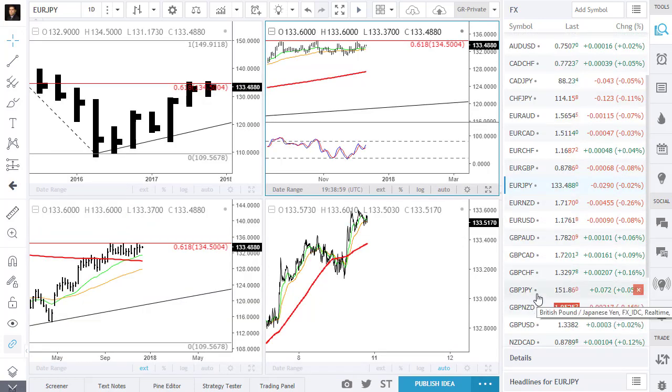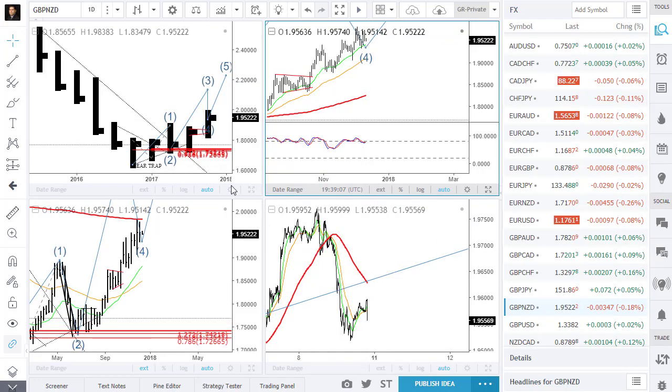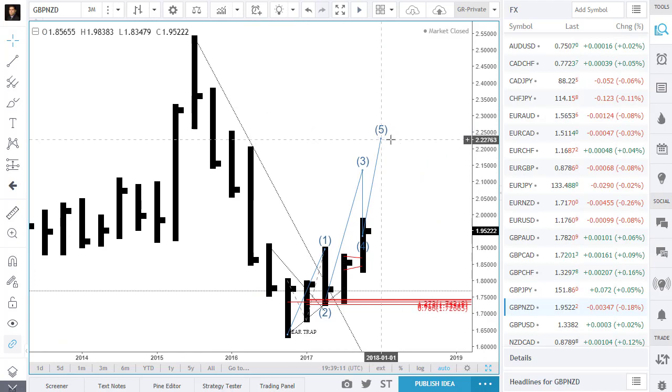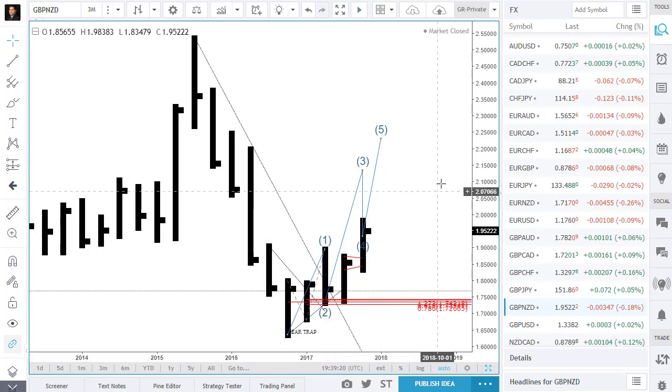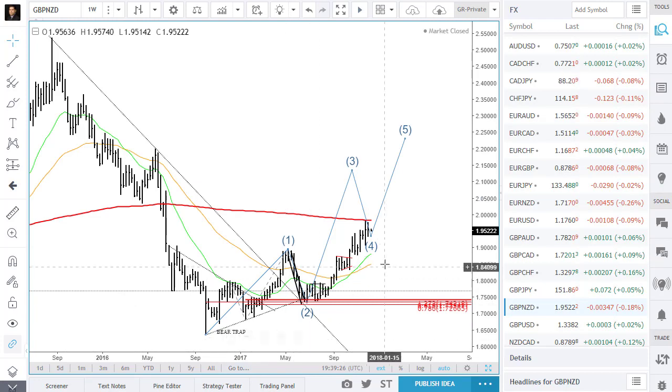Pound New Zealand. So the Pound New Zealand here, when you take a look at the longer term perspective, all right, first of all, I want you to be aware that we have had a major low and then push off of this low. We've been dramatically higher over the last couple of months. But the problem here is that we're at the 200 period moving average on the weekly chart.